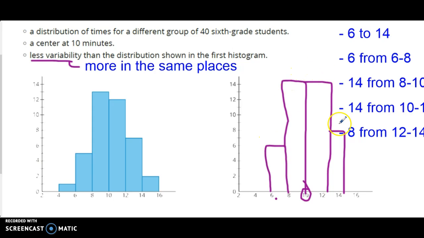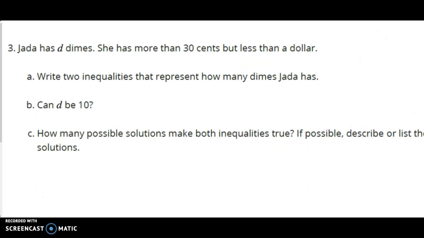Also, the sum of your bars, so remember here I had 6, I had 14, I had 14, and I had 8. The sum of your bars has to be 42. If those are all true, yours does not have to look like mine. It could be totally different.